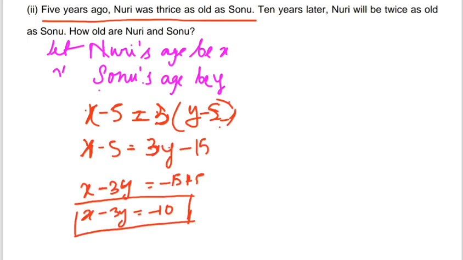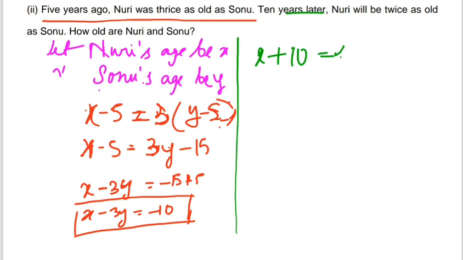Let's go to the second one. 10 years later means we should add. So x plus 10 is equal to Nuri will be twice the age of Sonu.